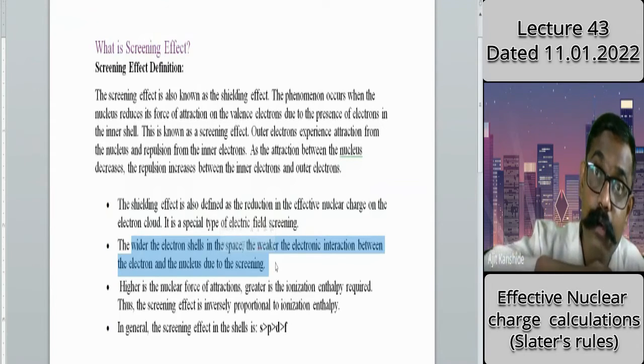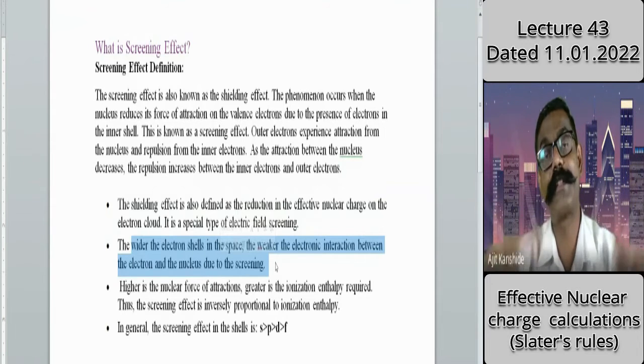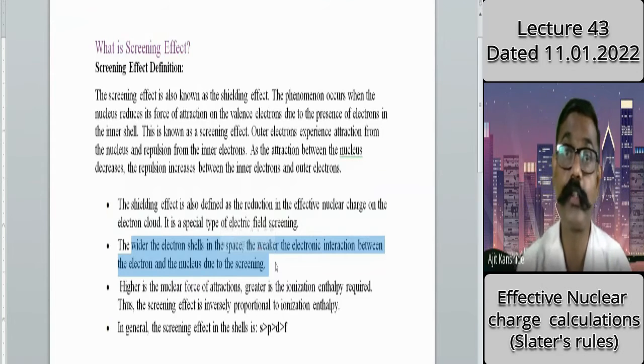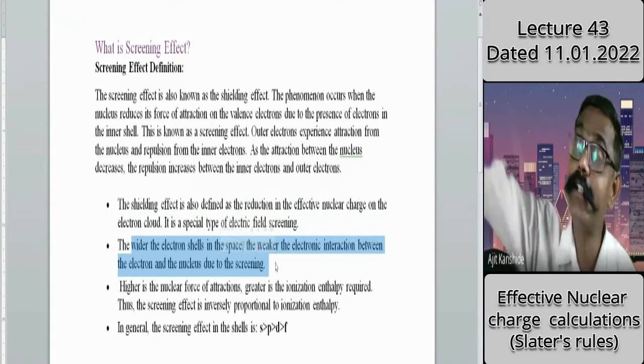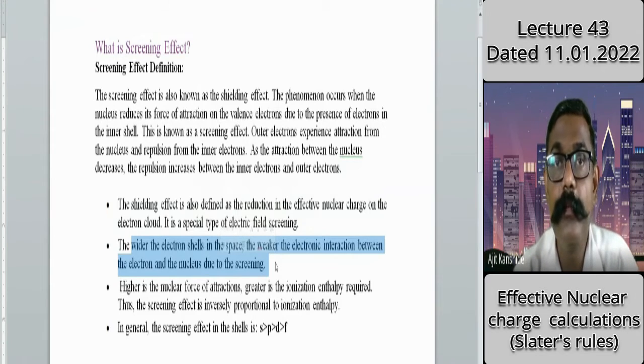Means if electron is at long distance, like large number of students present in one class, then the last bench students will experience shielding. So if wider is the range, wider is the position for the electron, then the screening will be there. Screening for the nuclear attraction will be there.